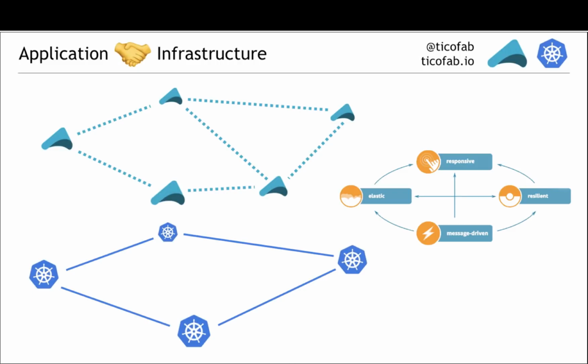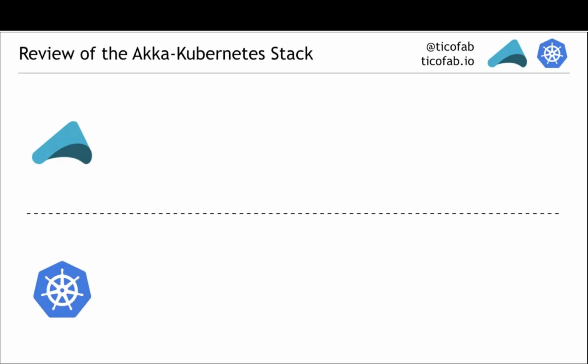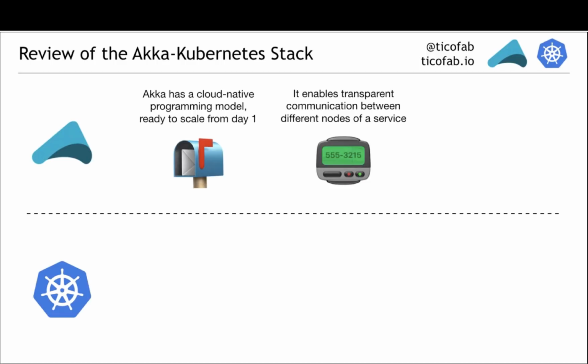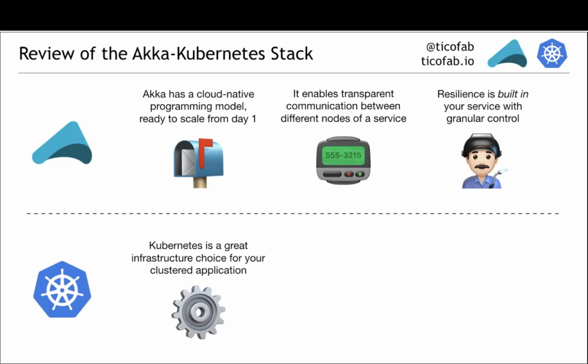And reasons for the Akka and Kubernetes stack, to me, it's a very powerful stack. Akka has a cloud-native programming model ready to scale from day one. And it enables transparent communication between different nodes of a service, and resilience is built in your service with granular control. While Kubernetes is a great infrastructure choice for your clustered application.